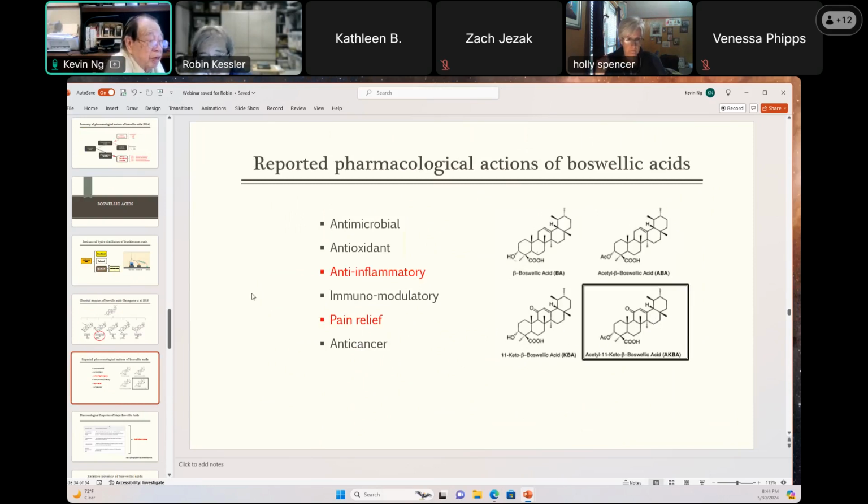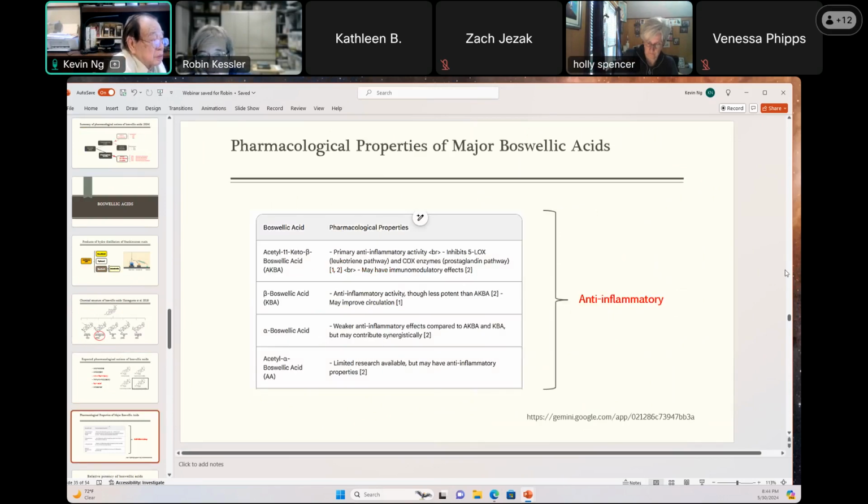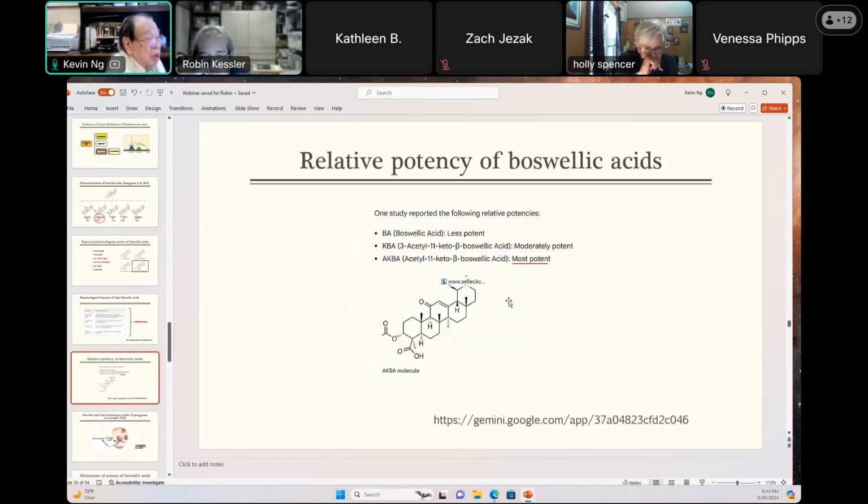They are very powerful anti-inflammatory agents, and because of that, they also provide very powerful pain relief. Studies have been made in many medical conditions, not in big trials but in small trials, and all show that the boswellic acids have the property to reduce pain, swelling, warmth, and so on. Of all the boswellic acids, again, AKBA is the most powerful one.